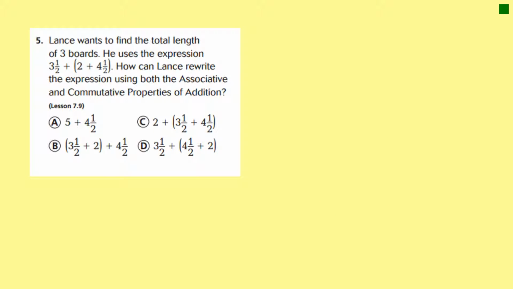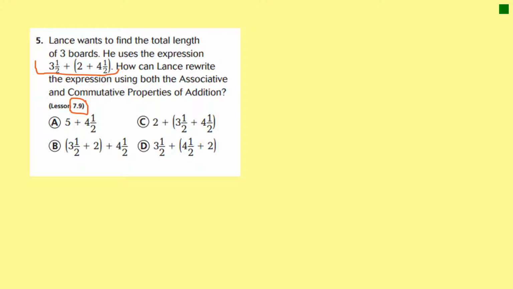Now we're down here to review. We're going back to chapter 7, lesson 9. Okay, let's see here. Well, it looks like Albert Einstein wrote these answers, but we can handle it. Lance wants to find the total length of 3 boards. He uses the expression 3.5 plus 2 plus 4.5.